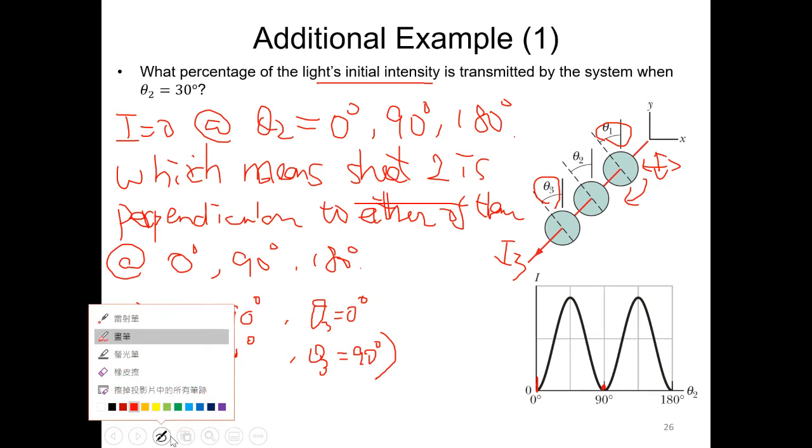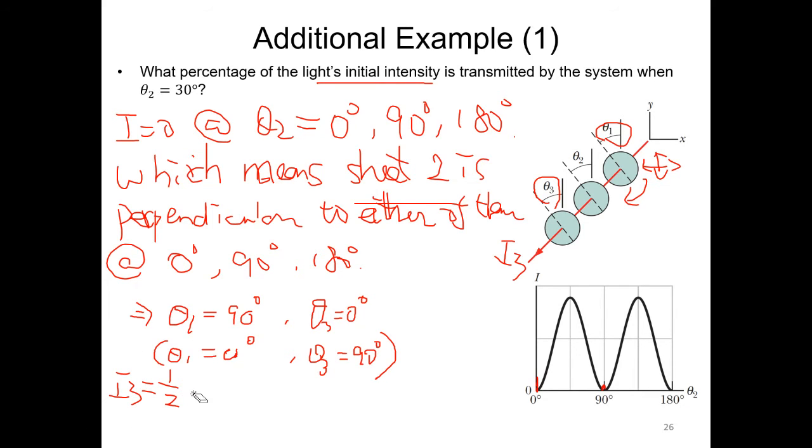Maybe I can just move this term to the left-hand side, so it is I3 over I0. We have the 1/2 factor for the first one. And then for 30 degrees, we have 90 degrees minus 30 degrees, which is 60 degrees, cosine square 60 degrees.